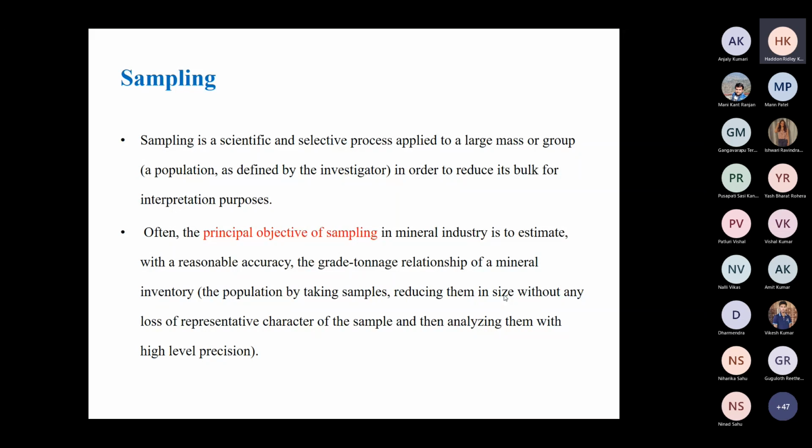The different methods of sampling are required for understanding the quality of the mineral or materials that you are mining, that you have decided on and are expecting from a particular reserve.